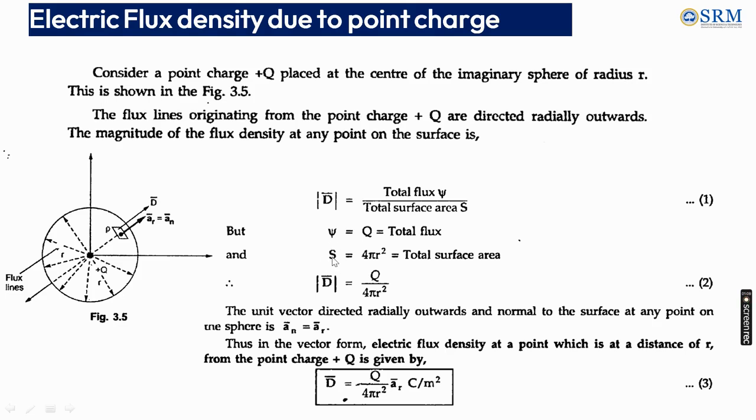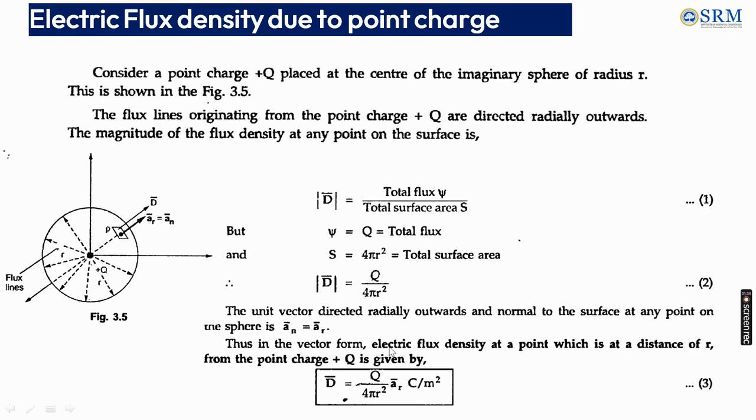The surface area of a sphere is 4 pi r square, and if you substitute into this formula, the magnitude of D is equal to Q by 4 pi r square. The unit vector is radially outwards and normal to the surface; at any point on a surface it is normal.